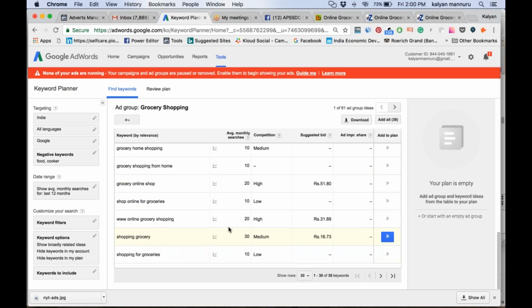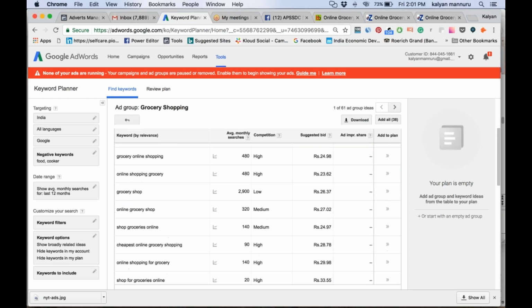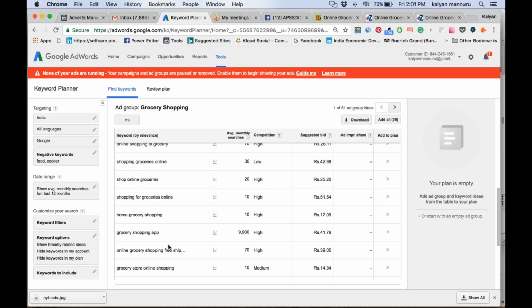There are only 10 searches for a few keywords. I cannot have separate pages for each of these keywords. I can, but it's not needed. You just have one page for one keyword present in this particular ad group. It is enough for you to cater to this entire set of audience.